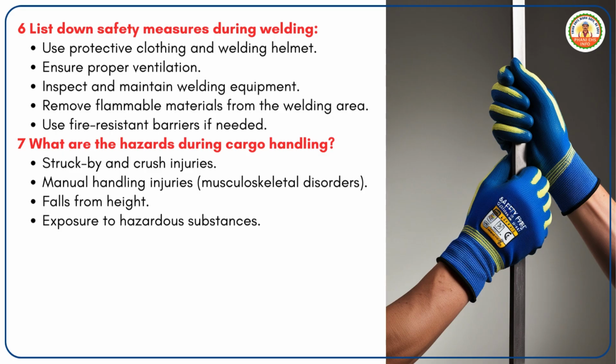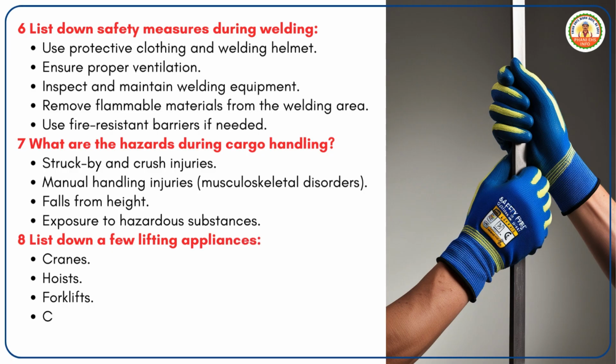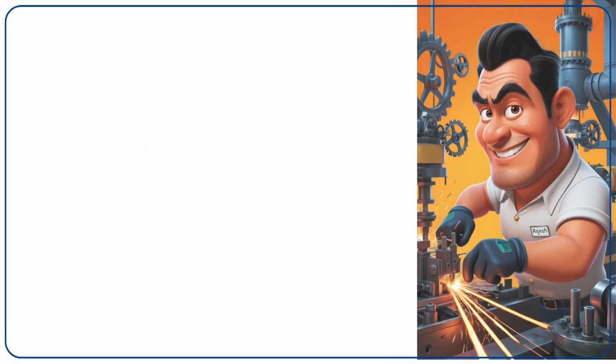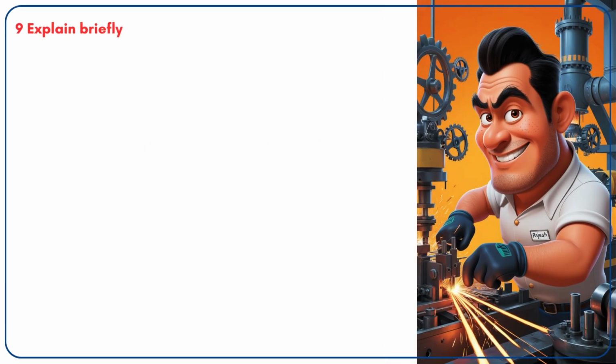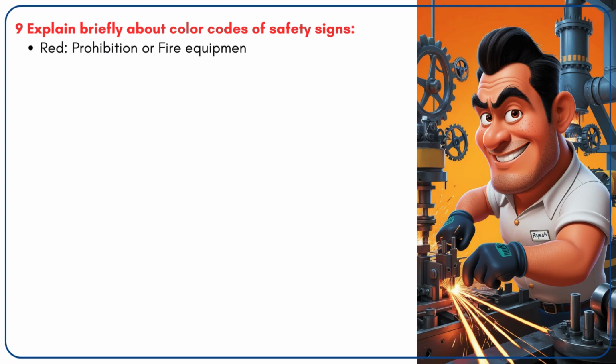8. List down a few lifting appliances. Cranes. Hoists. Forklifts. Chain blocks. Winches. 9. Explain briefly about color codes of safety signs. Red, prohibition or fire equipment. Yellow or amber, warning.